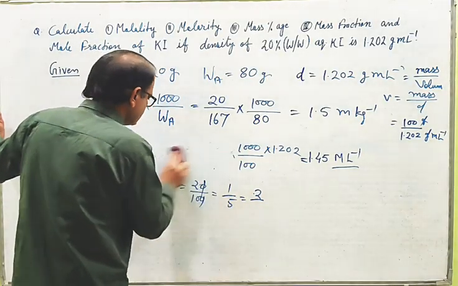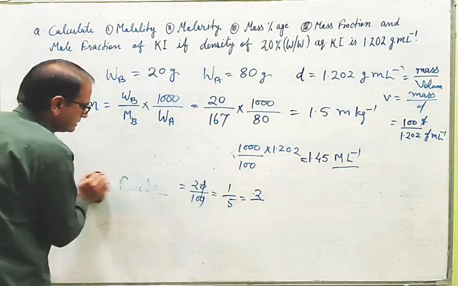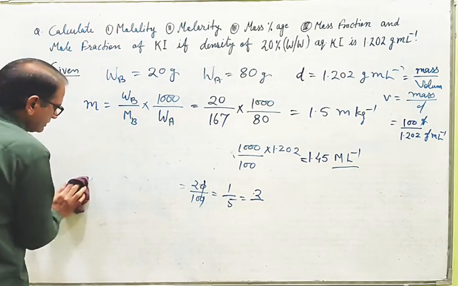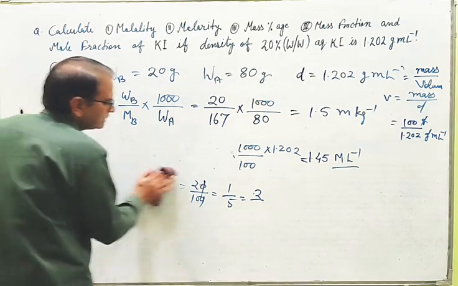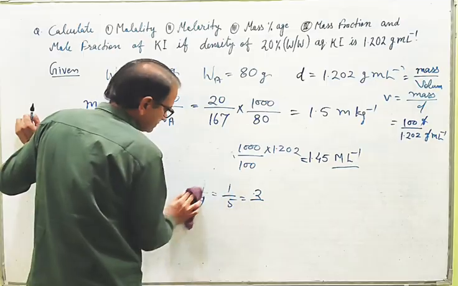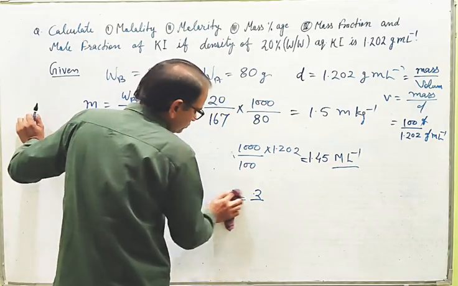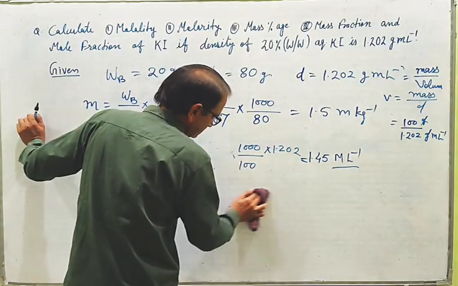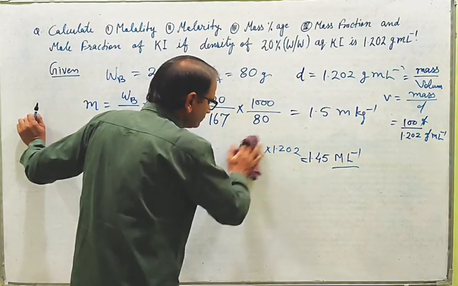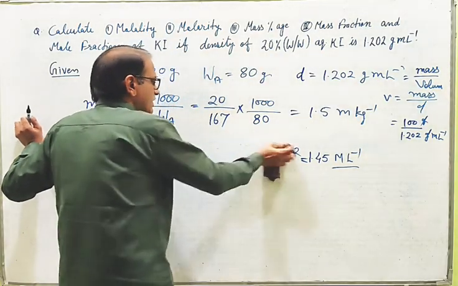Am I right? So this is how we can calculate a mole fraction. Mole fraction is equal to the number of moles of solute divided by the total number of moles of solute and solvent. Am I right? So this is how you can calculate a mole fraction.